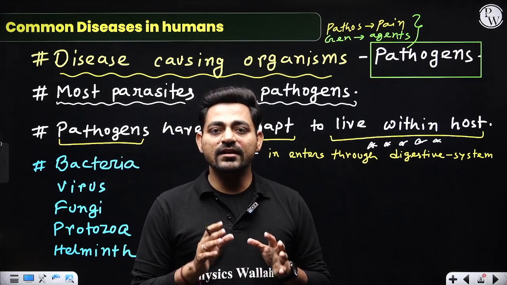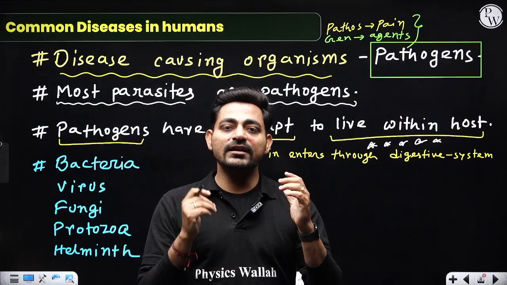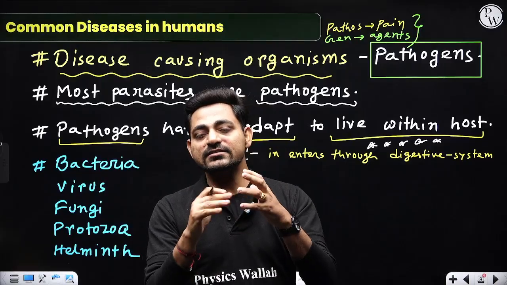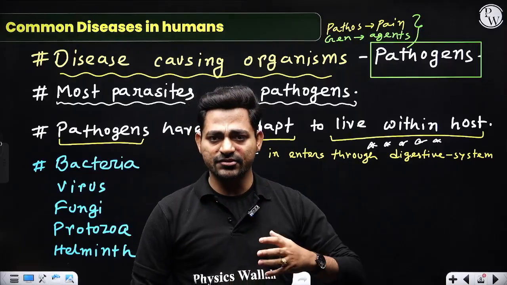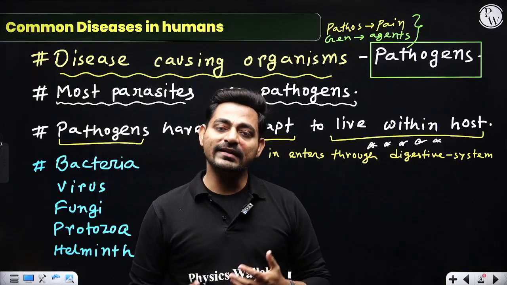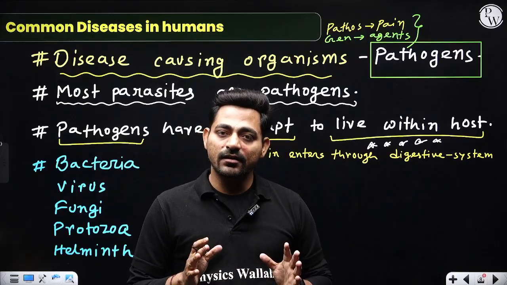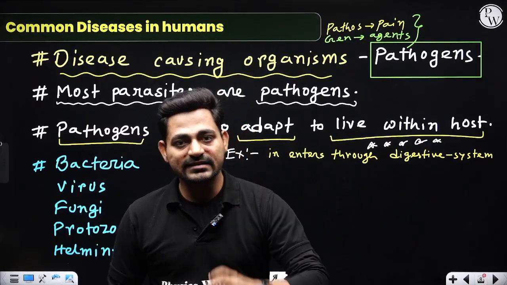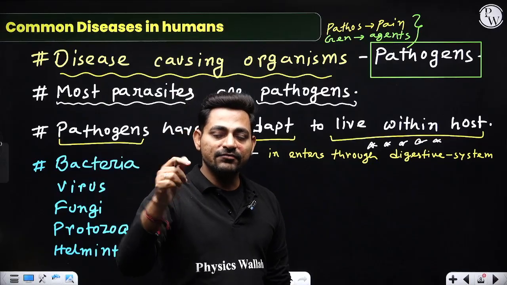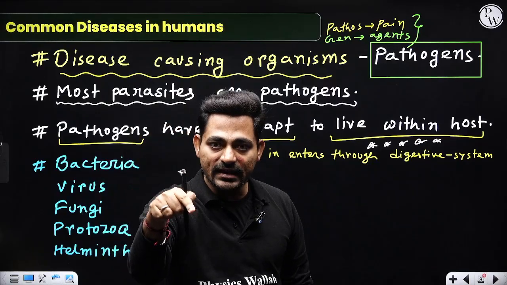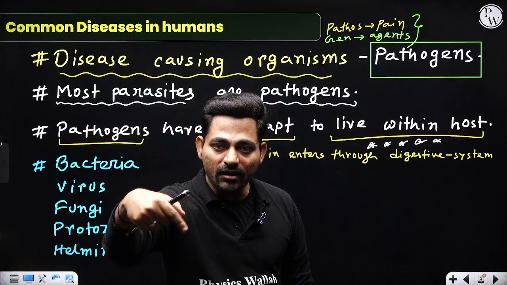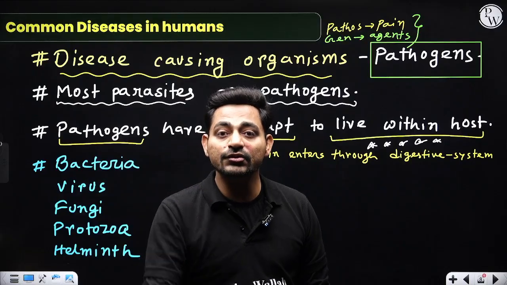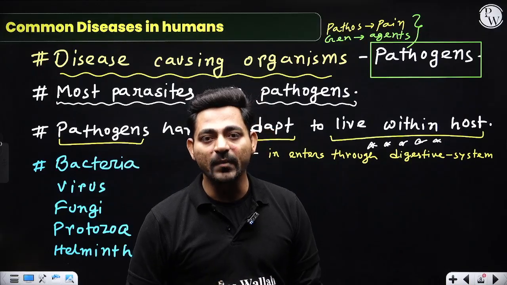So they need to adapt; they need some shield against the HCl secretion in our stomach, or the alkaline juice secretion inside our intestine, or against those digestive enzymes. Otherwise, the environment inside the alimentary canal is going to kill you or digest you like the food material.